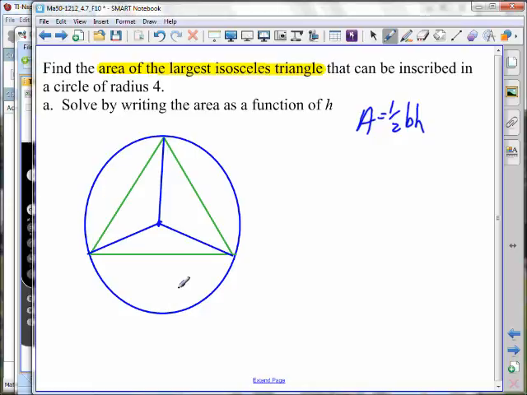You said I can't use any of these, so what should I use? Pardon? Okay, so if I took this and extended it down, then the height would be this whole thing. So, let's see. The height is this whole thing.